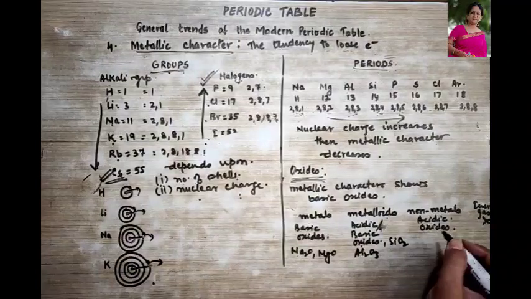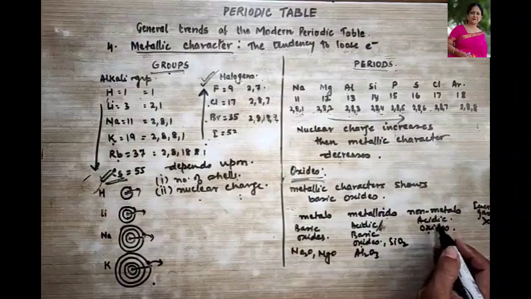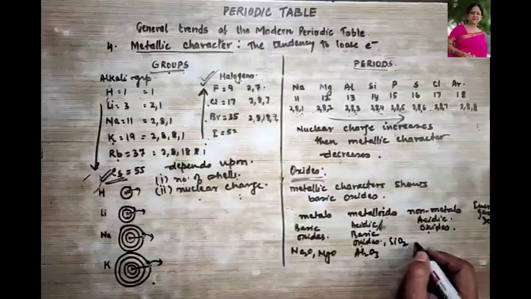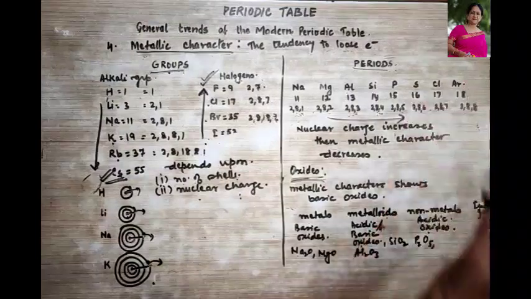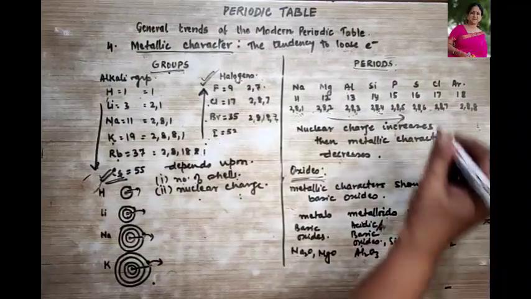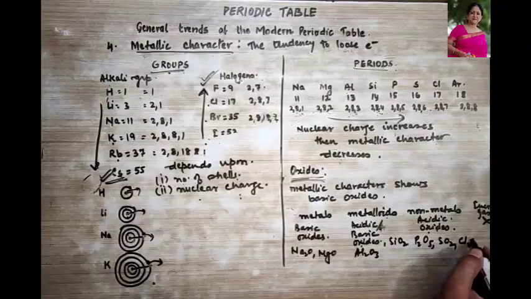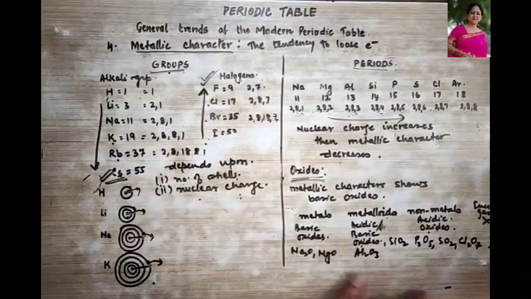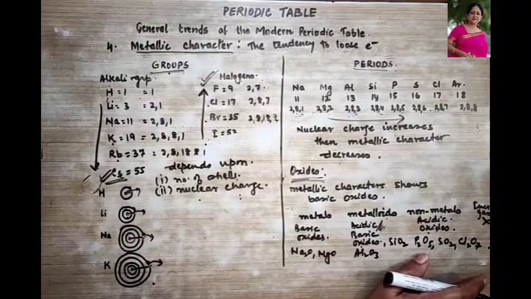So next we come to non-metals. They are going to exhibit acidic oxides. So acidic oxides could be like P2O5, or SO2, or for chlorine you have Cl2O7. So this is how the property of the oxides moves.